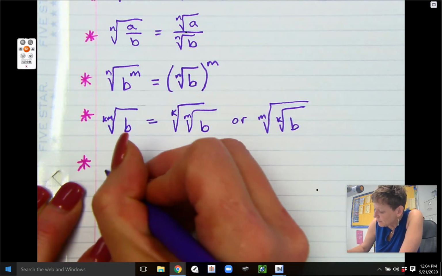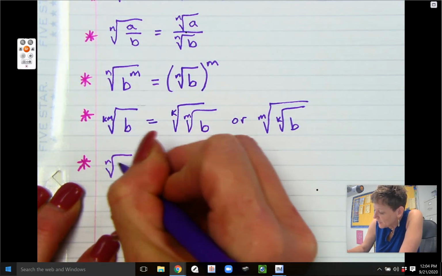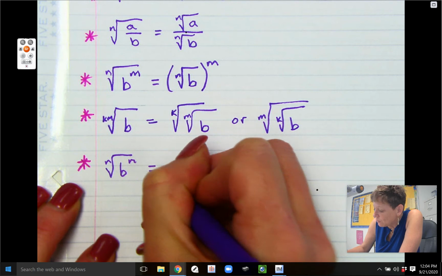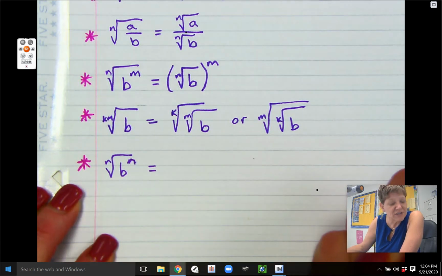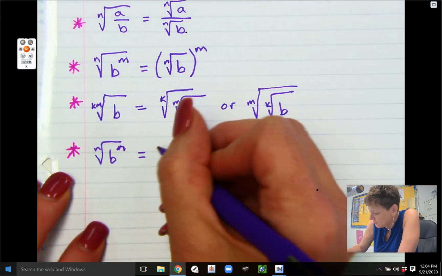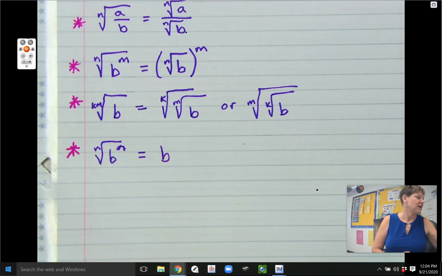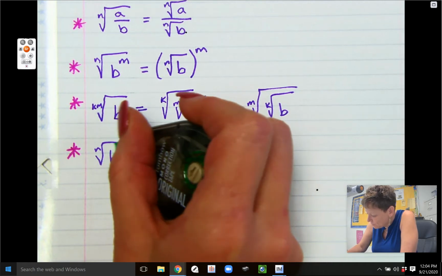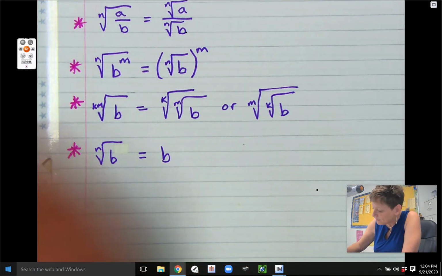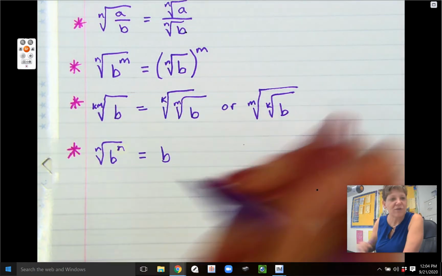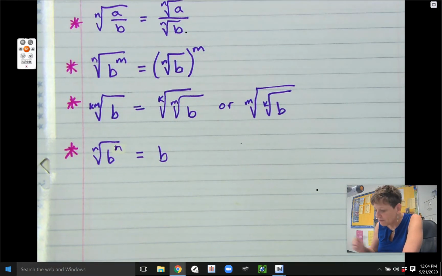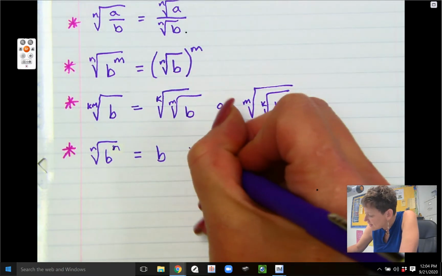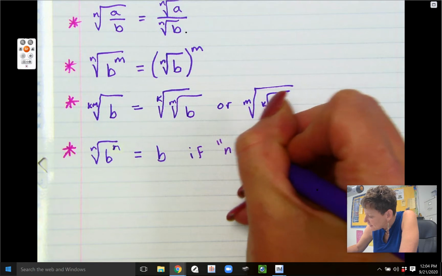The nth root of b to the n, you have always known is b. Okay? You have known that as b. However, that is only true if our index is odd.